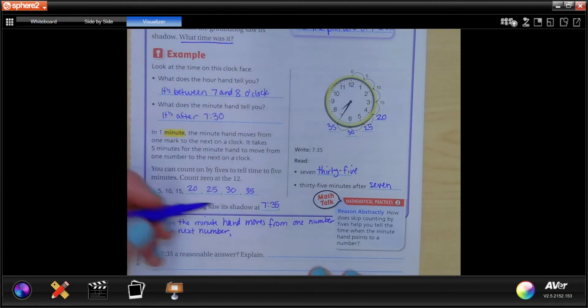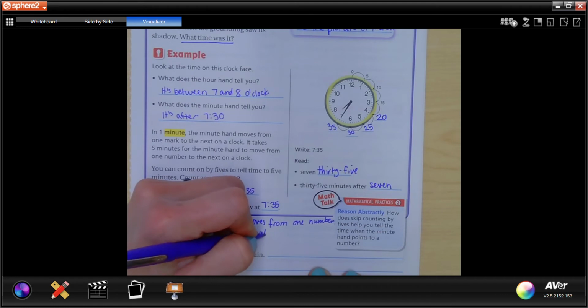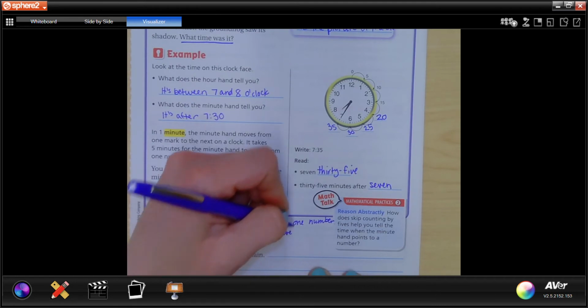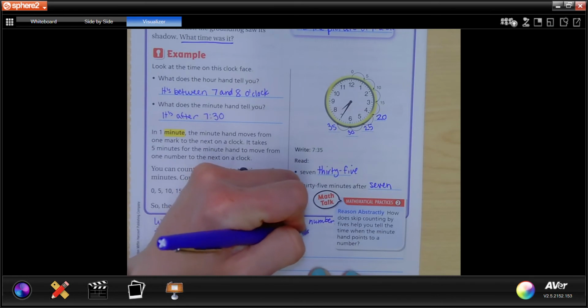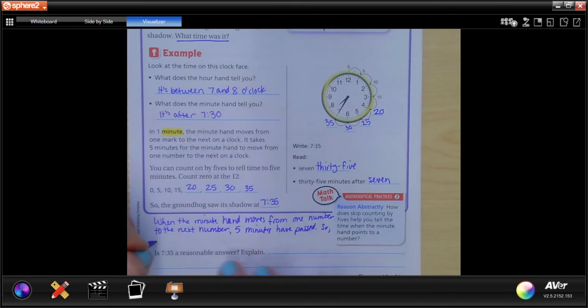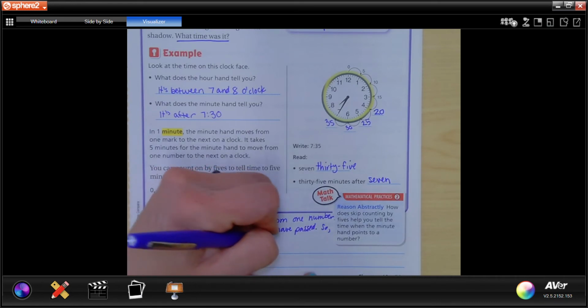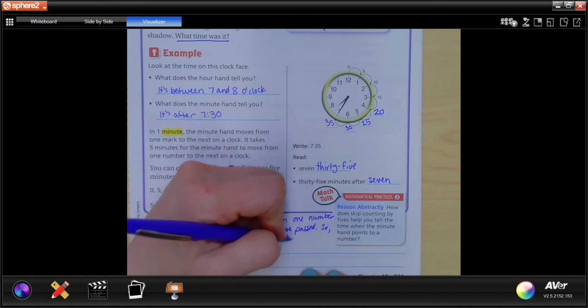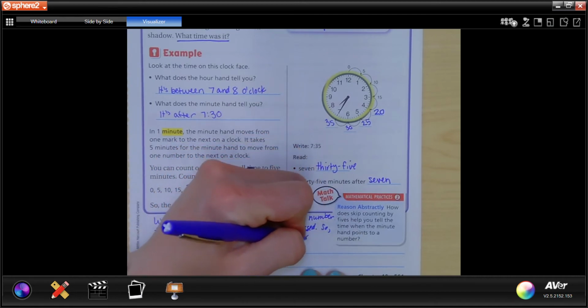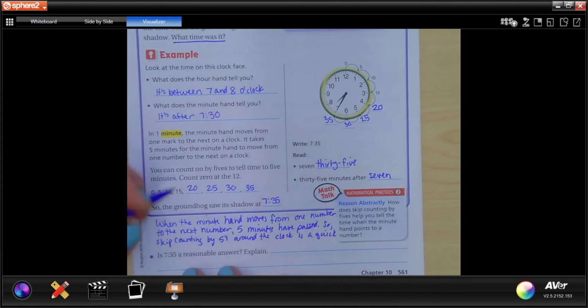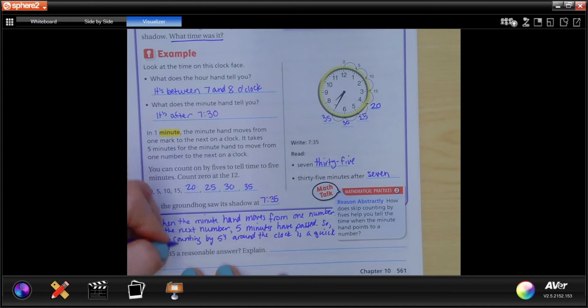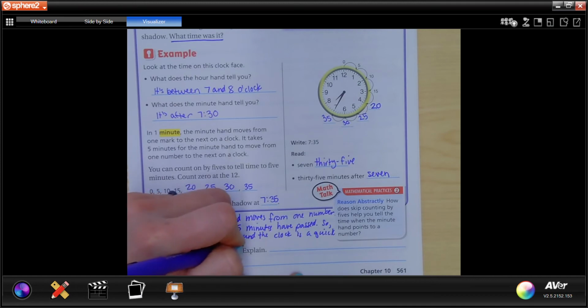From one number to the next number, 5 minutes. So, skip counting by fives around the clock is a quick way to tell time to 5 minutes.